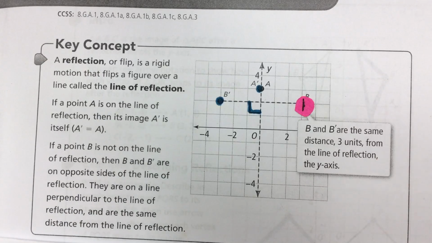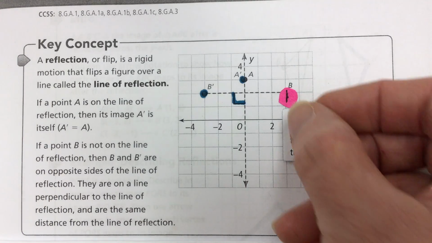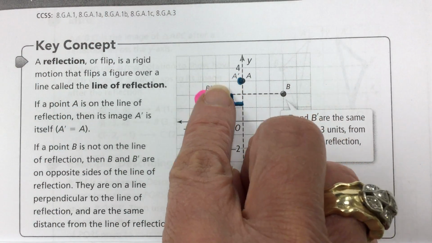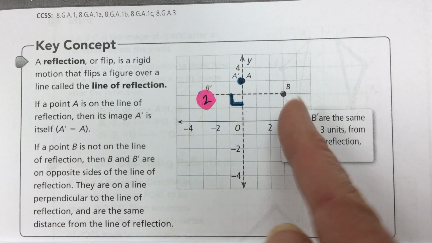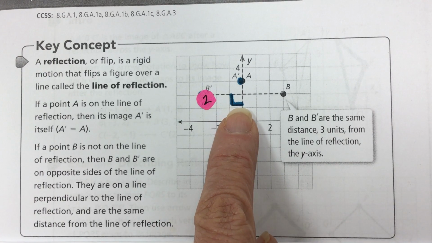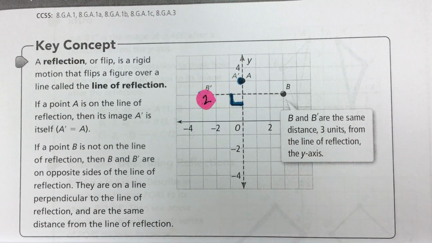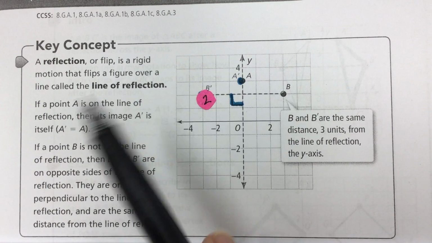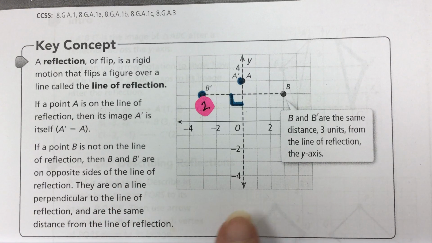Here is my point B. If I take this point and reflect it over the line of reflection, it is now on the opposite side of the line of reflection. Reflection means taking an object and flipping it over the reflection line. So you see that B and B prime are two different points on opposite sides of the reflection line.